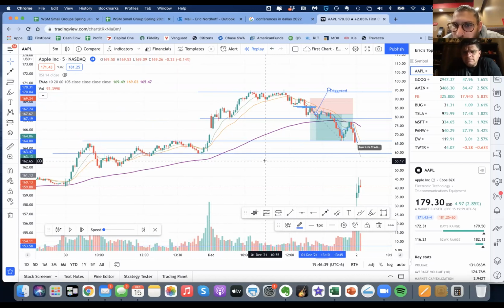So if it makes a lower high, see how this is a lower high? Once it makes a lower high, it shouldn't make a higher high. So once it does this, I want to put my stop here instead because it shouldn't go up here. So immediately I was risking 500 on the trade and now I'm risking like 250. So it would not have been a full R.